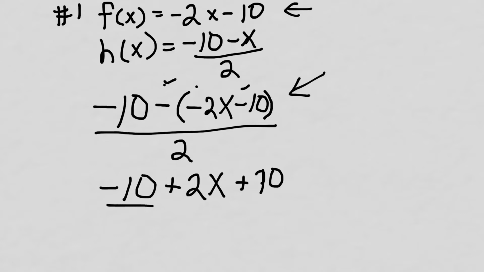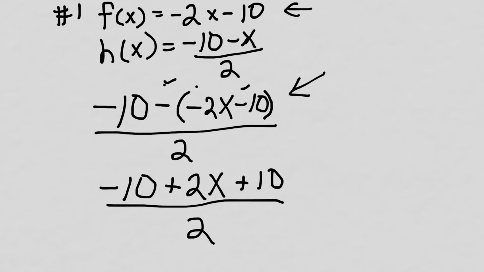All of that's going to be over 2. So let's look at this. I got minus 10 and a plus 10 on this line. Let me make this look better. I got minus 10 plus 10.